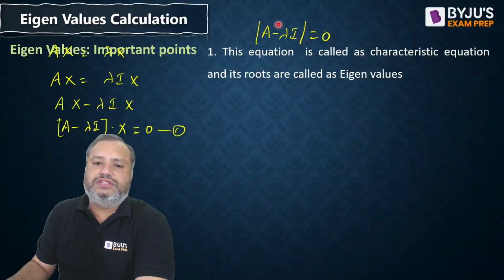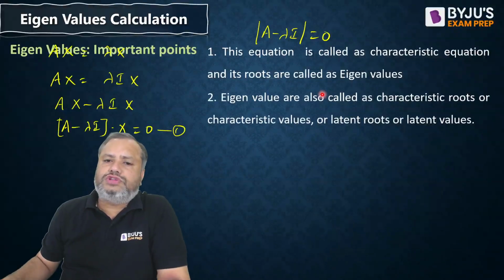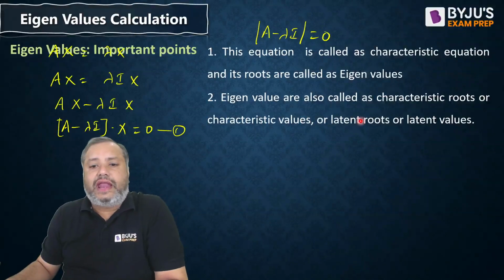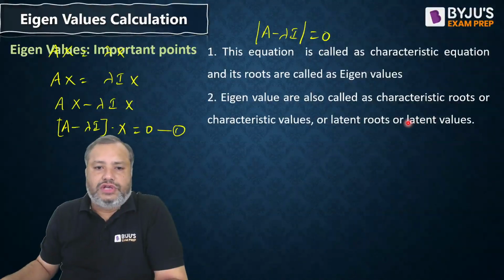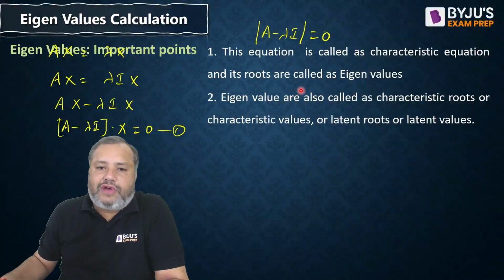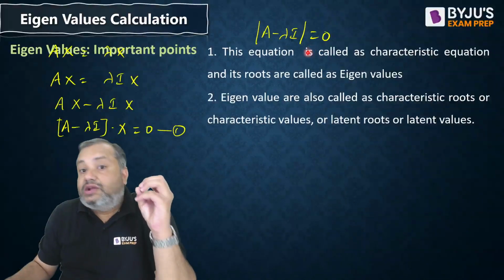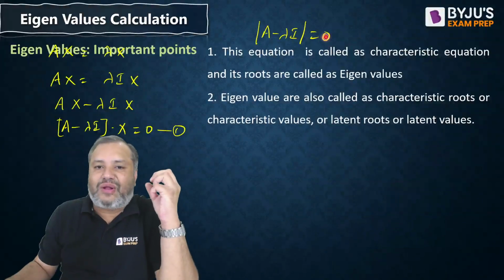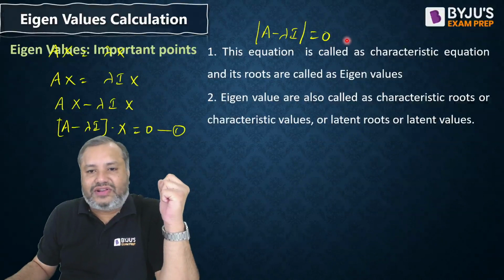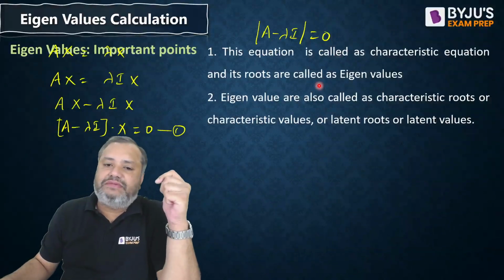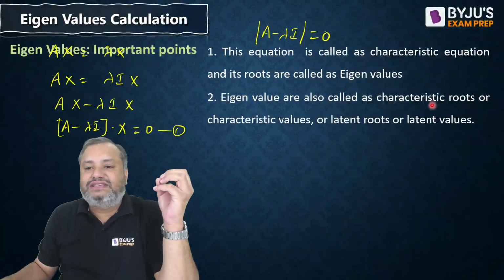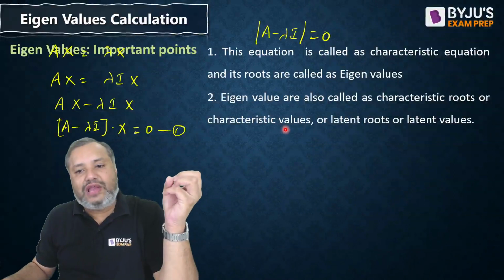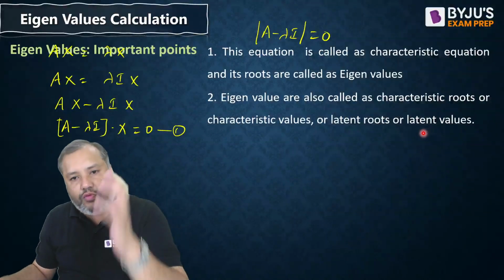So roots of this equation are called characteristic values or eigenvalues. So students, eigenvalues are always the roots of this characteristic equation, and many a time these eigenvalues are referred to as characteristic roots, characteristic values, latent roots, or latent values.